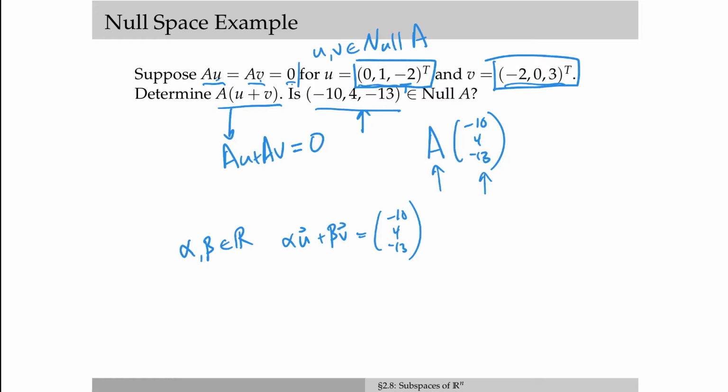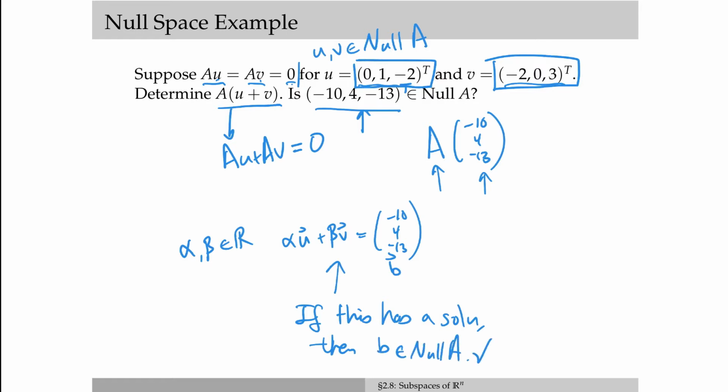Now, we have to be very, very careful here. So let me back up a step. Let's call this thing B for the sake of argument. So if this has a solution, then B is in the null space of A. That we can definitely say. Because if I then do A of this, I think y'all see that you'll get 0, right? Because the scalar comes out.